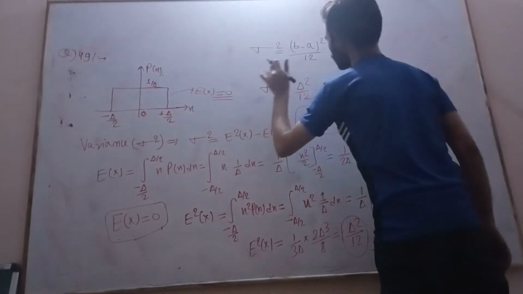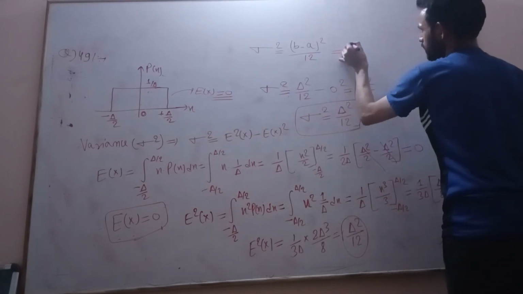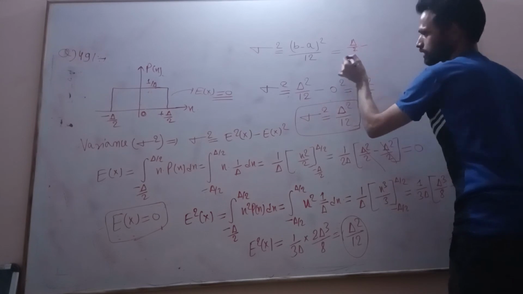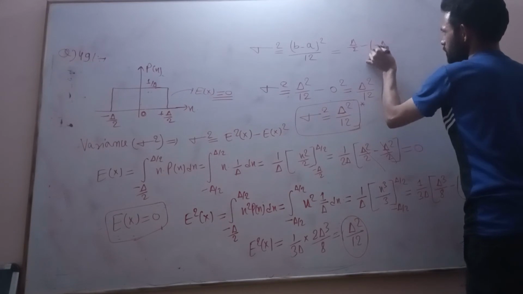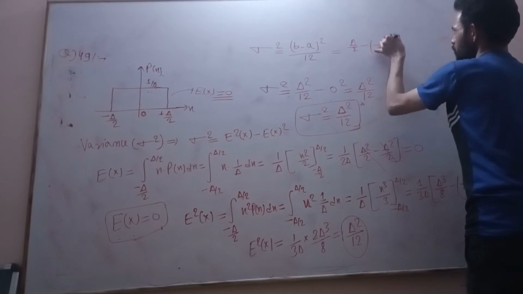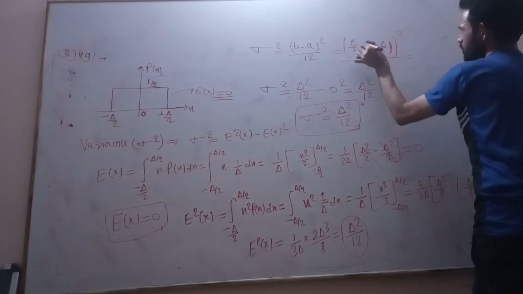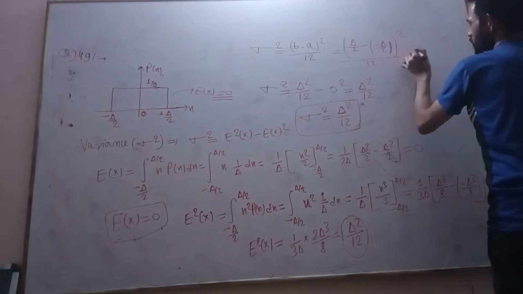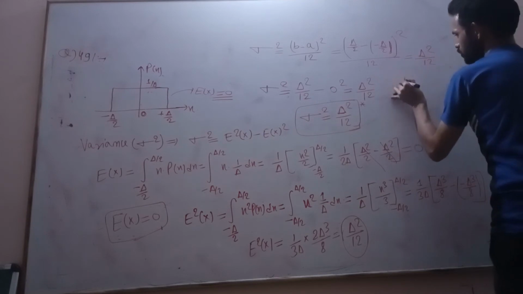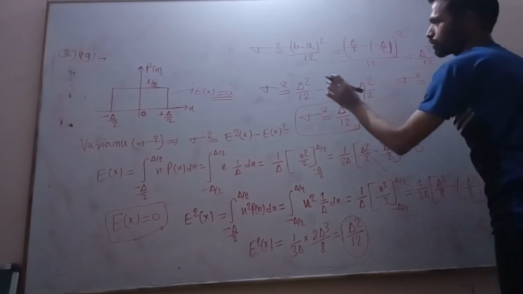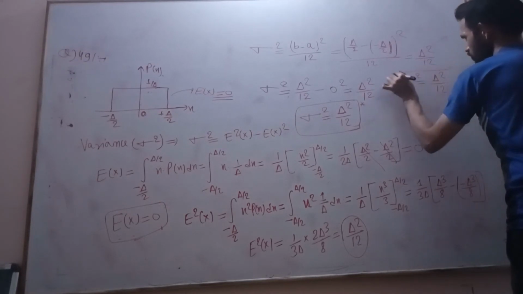Here B is the upper limit, delta by 2, and A is the lower limit, minus delta by 2. So delta by 2 minus minus delta by 2, whole square, divided by 12. That is delta square by 12, so the variance is delta square by 12.